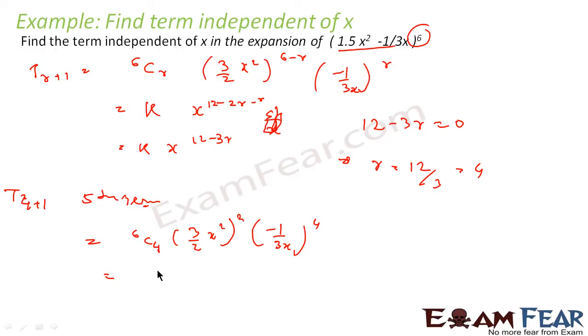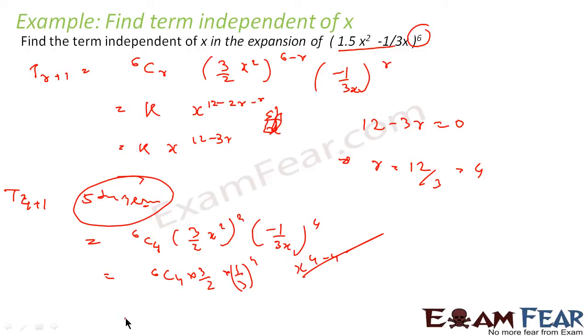So what you get is 6C4 into (3/2) squared into (1/3) to the power 4, and the x term will all go because it will become x to the power 4 minus 4, which is 0. So this is the answer, and the answer is the 5th term.